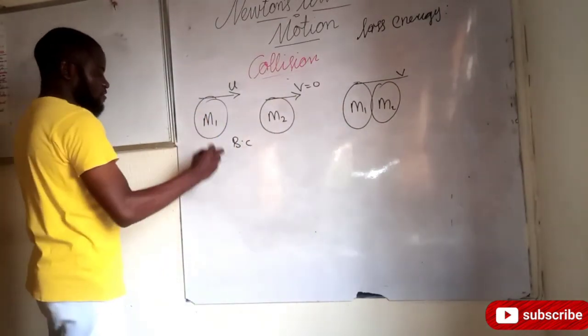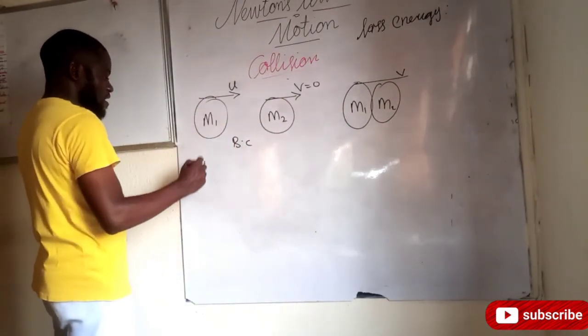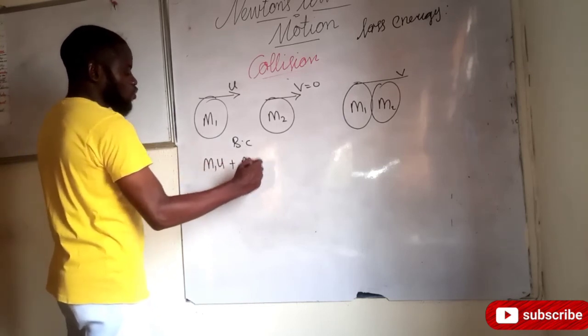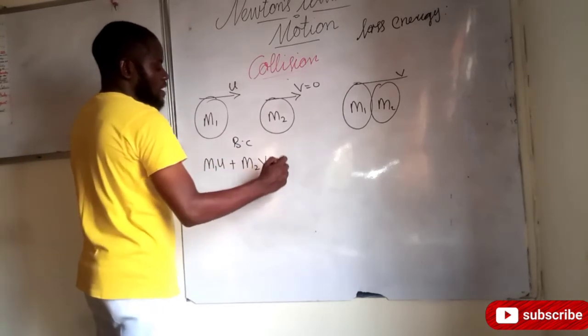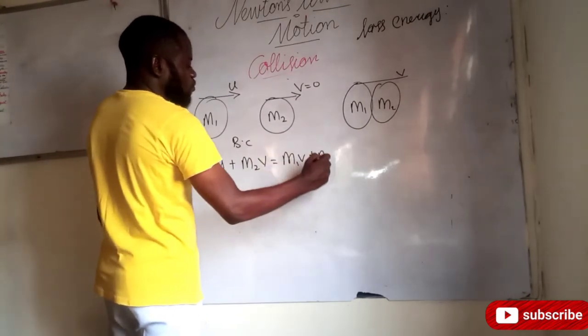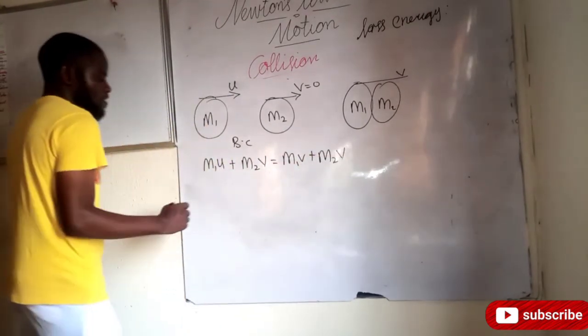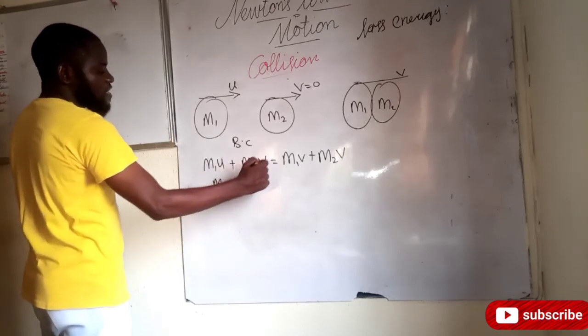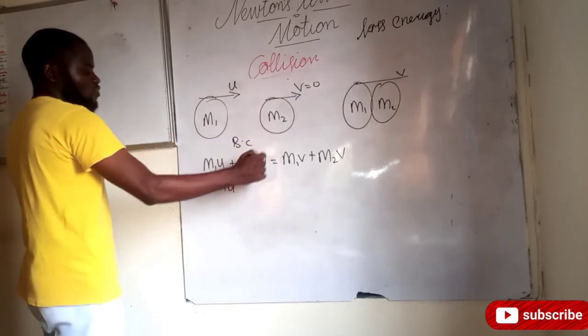Hence, what I'm going to have here is m1u plus m2 times 0 equals m1v plus m2v.